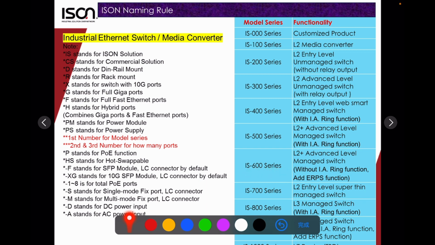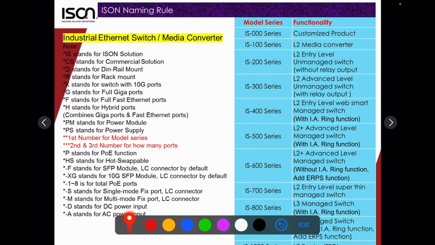IS-600 series is L2 plus advanced level managed switch without IA ring function, but we add the ERPS function. The IS-700 series is L2 entry level super thin managed switch.